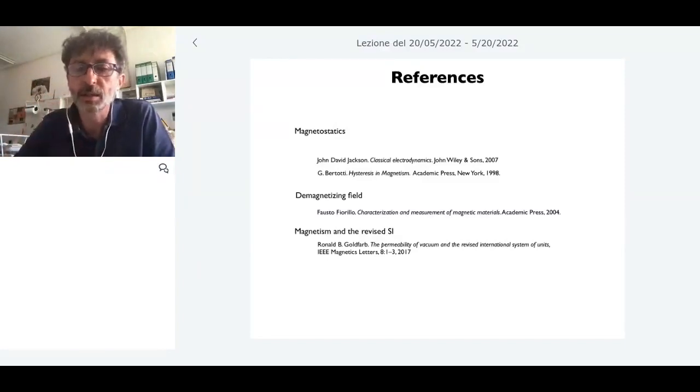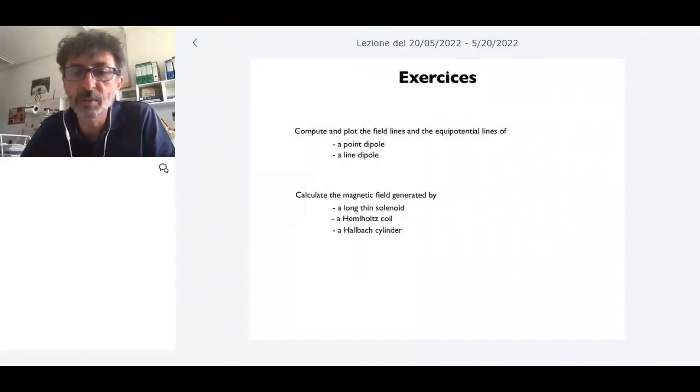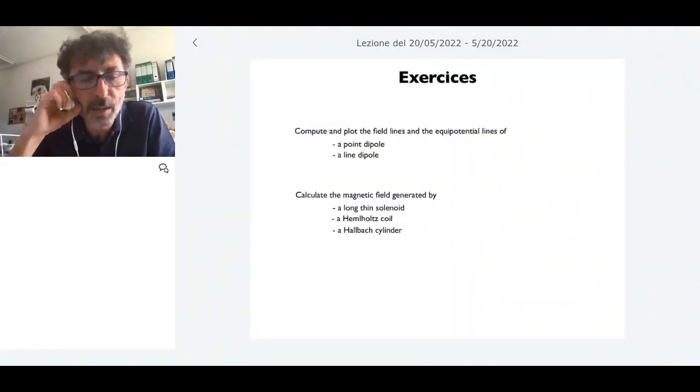I've taken a few things on the magnetizing field from the book of Fausto Fiorillo, Characterization and Measurement of Magnetic Materials, a very good source for measurement techniques in general. And I mention again this publication by Goldfarb.